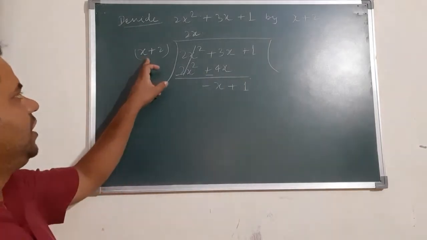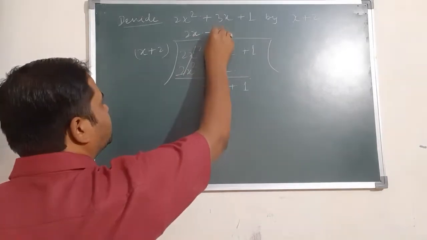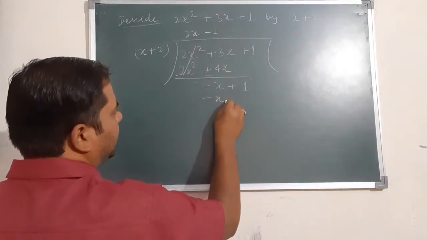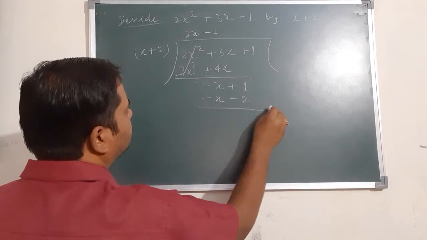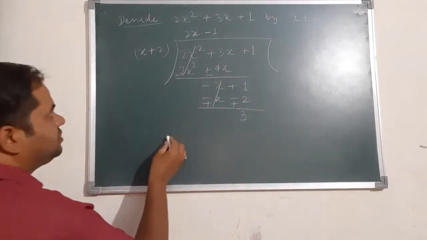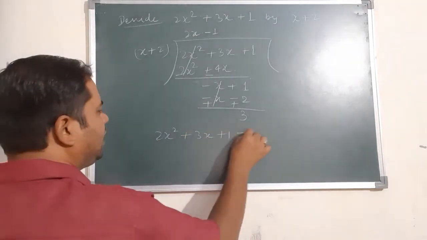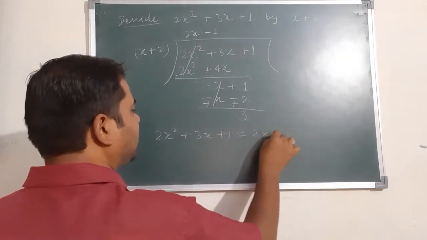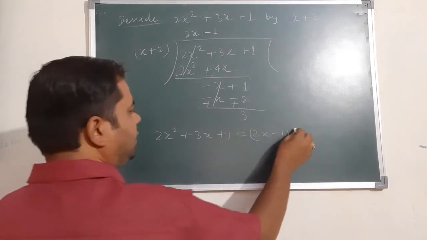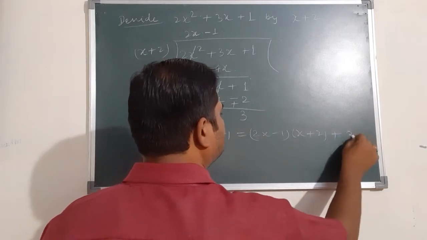Now what should we multiply in x so that we get minus x? So minus 1, if you multiply, minus x minus 2. This is cancelled out. This is 3. So here you see 2x square plus 3x plus 1 can be written as 2x minus 1 into x plus 2, and the remainder is 3.